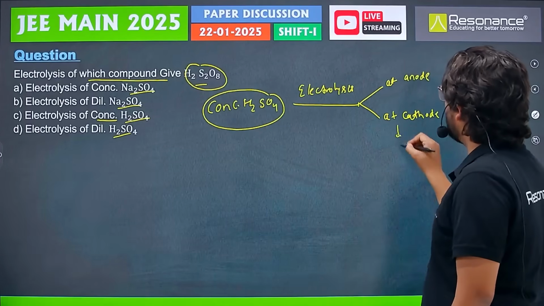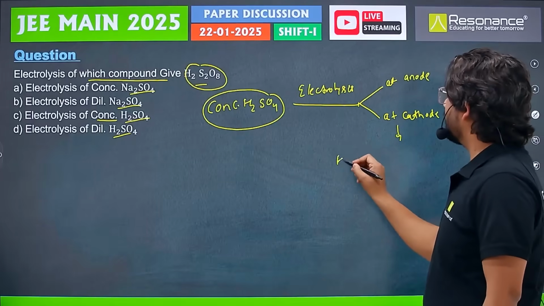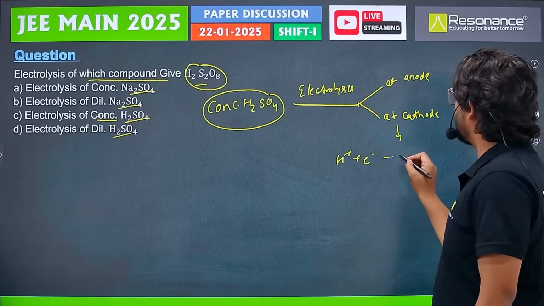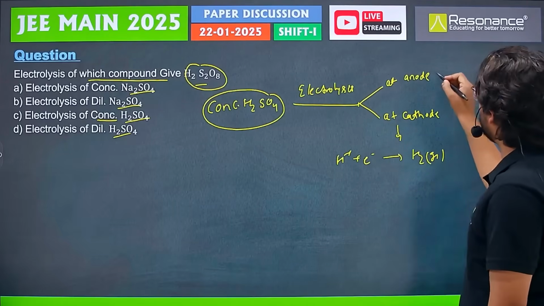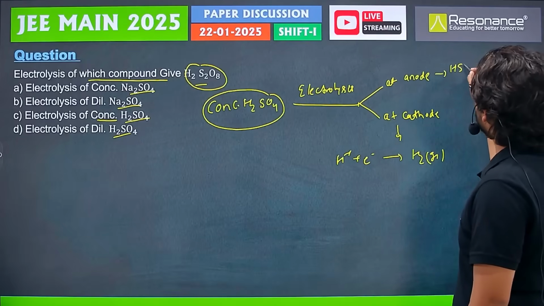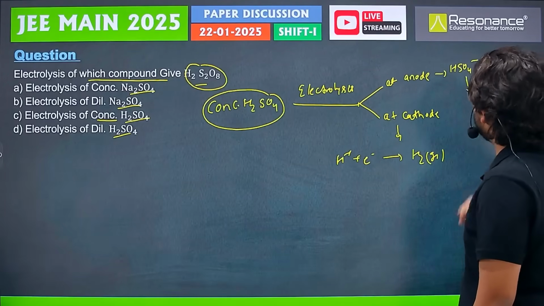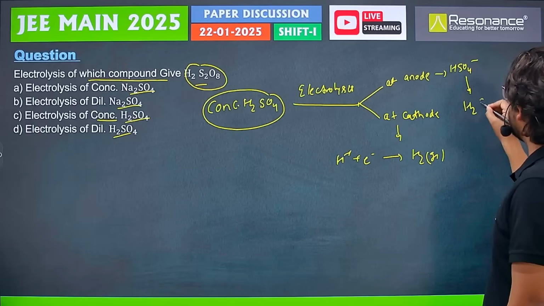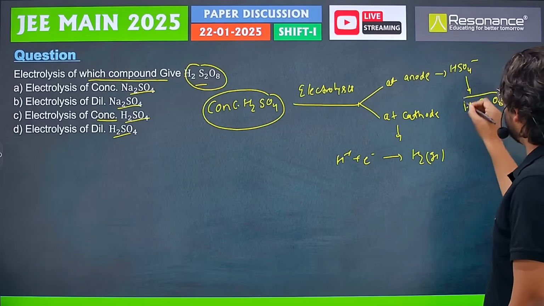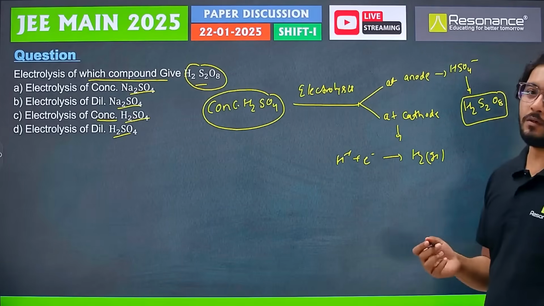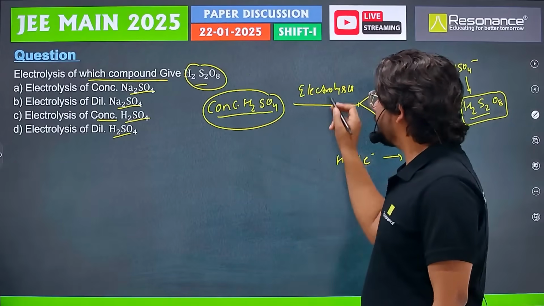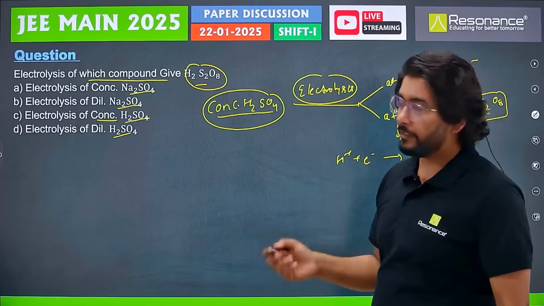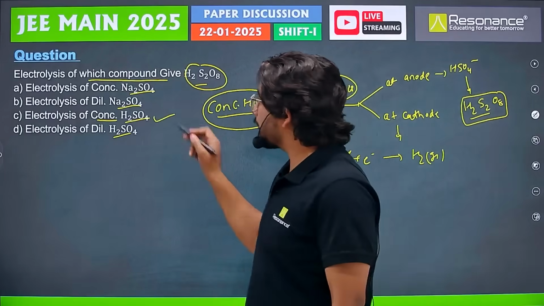At cathode it gives hydrogen gas, and at anode HSO4 minus will oxidize into H2S2O8. So this will be the product in the case of concentrated H2SO4 when we do electrolysis. So option C is correct here.